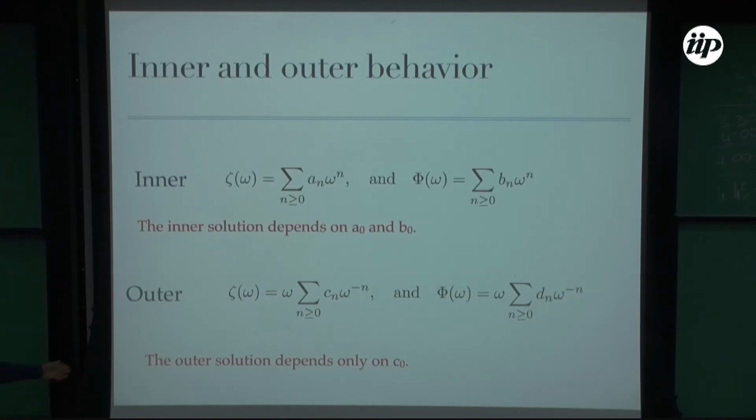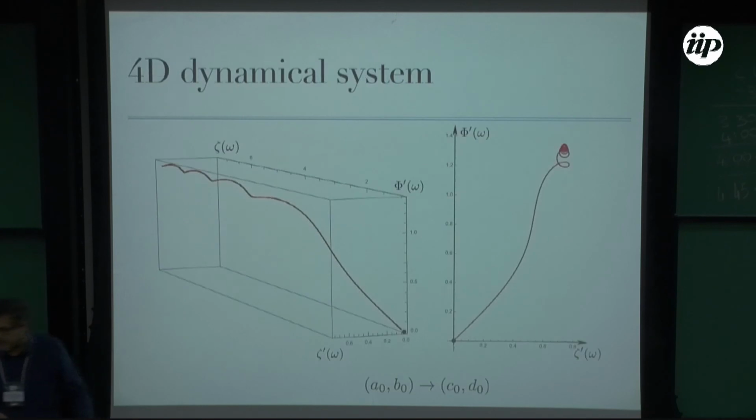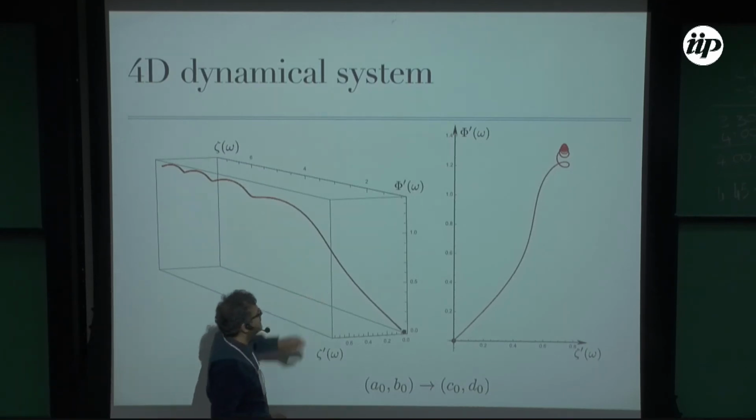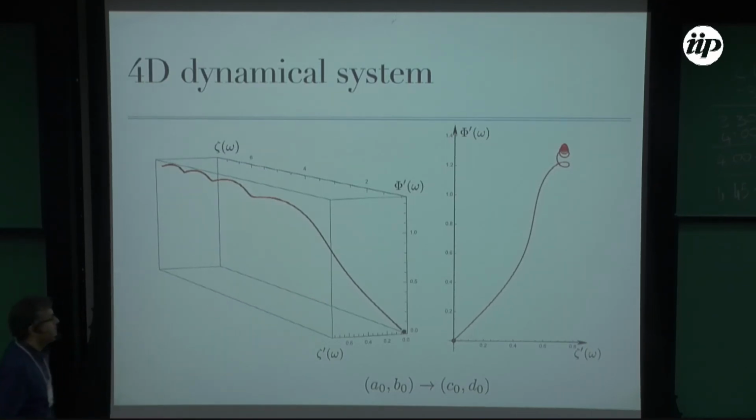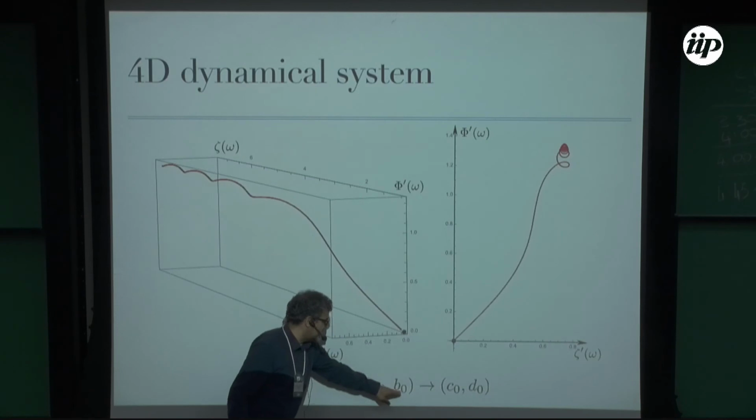Also, you can try an outer series, but this really does not help a lot. Then this is a dynamical system in 4 dimensions, and I don't know how to draw 4 dimensions. I can draw at least 3 dimensions, which is what is drawn in this plot. And the idea is the following. I start with some A0 and some B0.